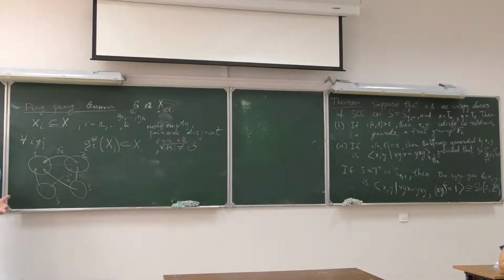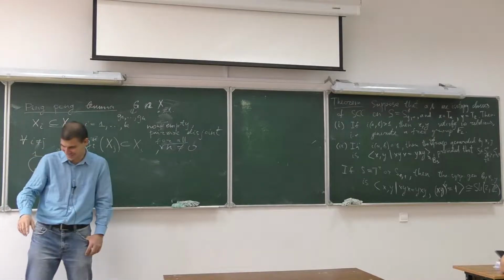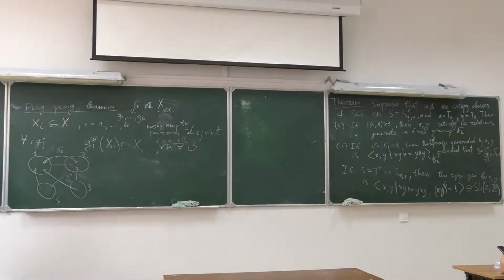Well, as far as I understand, the terminology comes from the situation with two sets. So if you have two sets, then this is some ping-pong game from one to another. If we have several, then the terminology seems somewhat strange, but still.